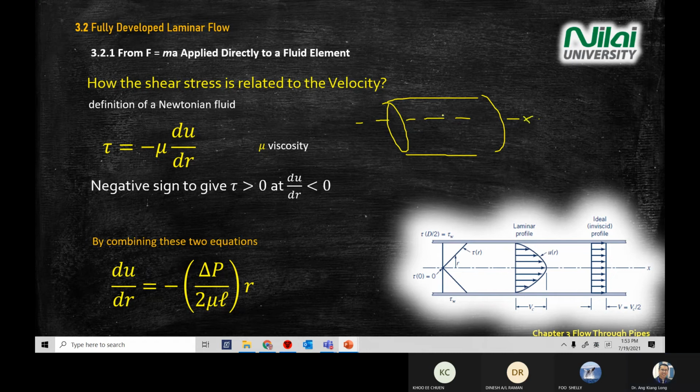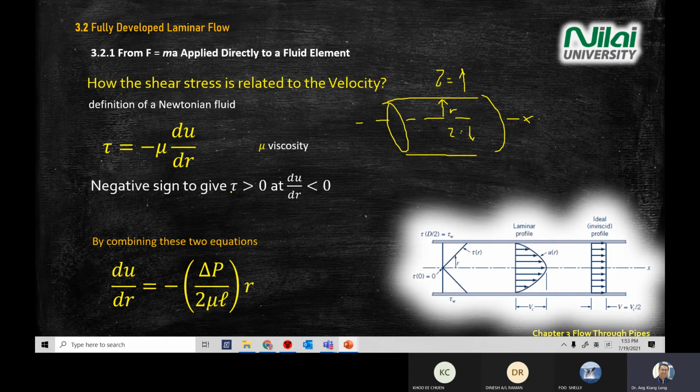If you increase the r, the shear stress will increase because it's near to the wall. And if you reduce the r, then the shear stress will drop.